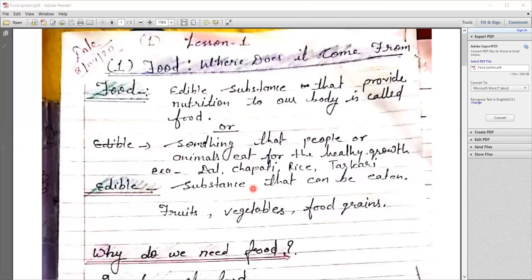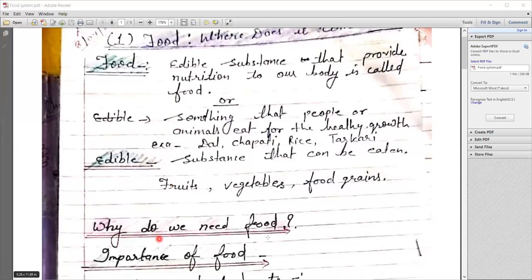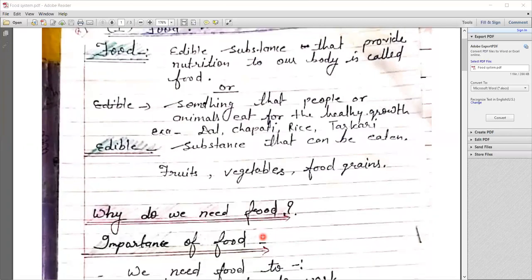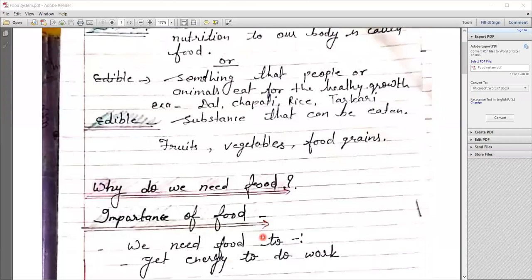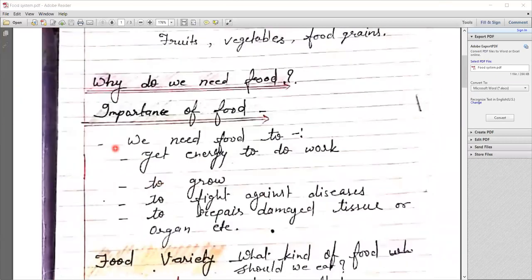So one question arises here: why do we need food? Why can we not stay alive without food? Children, food plays a very important role in our body, so that's why we need food to stay alive. Here I have written some points through which it will be clear why we need food.